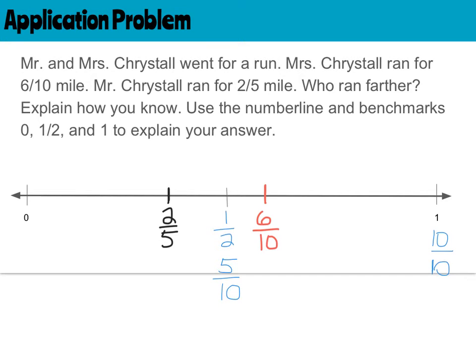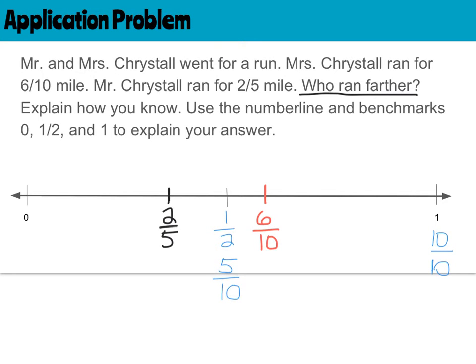And I used my benchmark fractions to help me figure out where to plot them. So I can see that 2/5 of a mile is less than 1/2, while 6/10 of a mile is more than 1/2. So the question is, who ran further? 6/10 of a mile is a farther distance than 2/5, so Mrs. Chrystall ran farther than Mr. Chrystall.